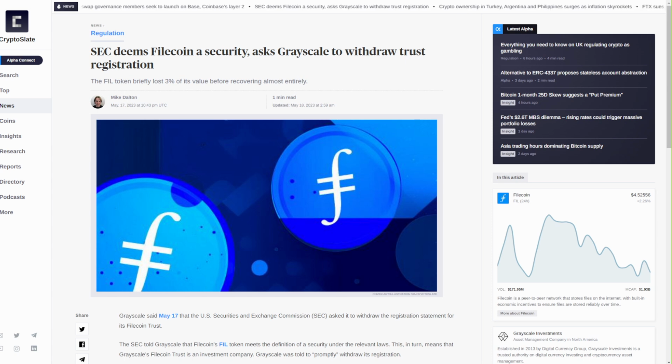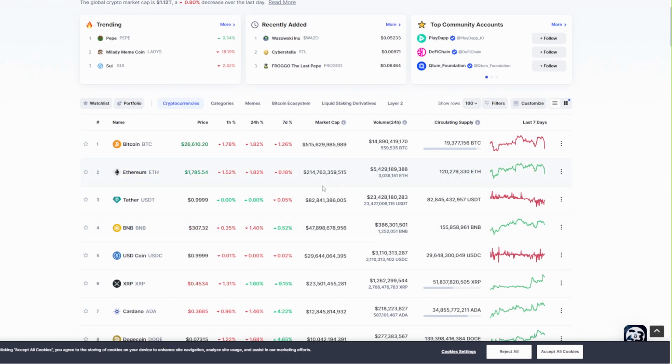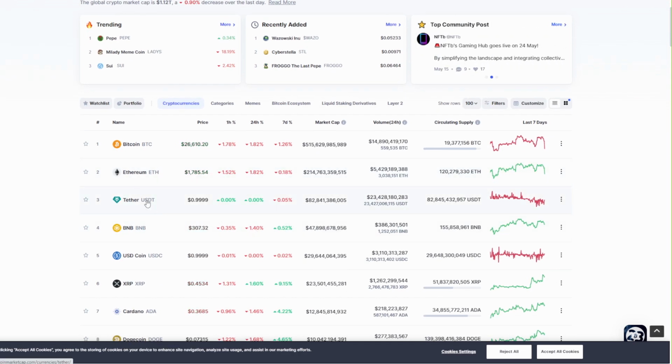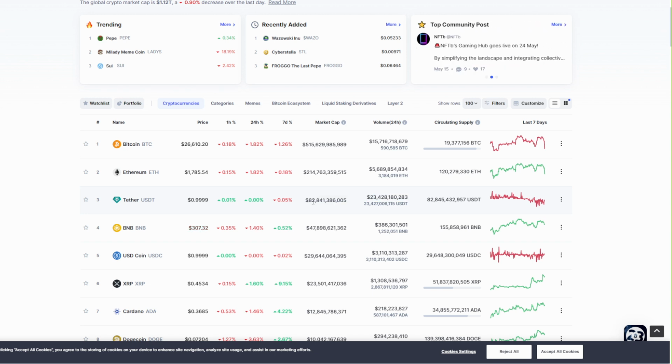and you just wonder the potential of the bull market, and you look at $82 billion sitting there waiting on the sidelines. 82 billion, the third largest crypto, who's also buying Bitcoin.